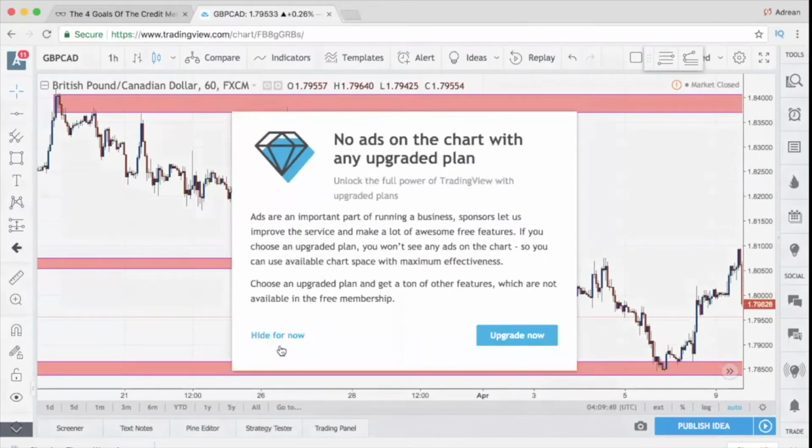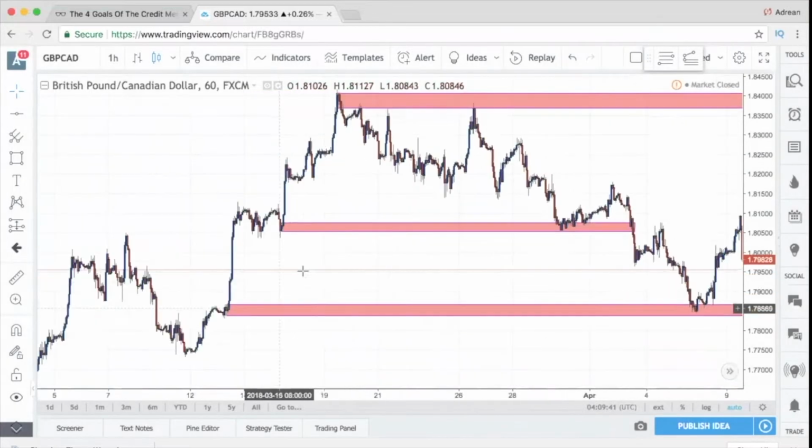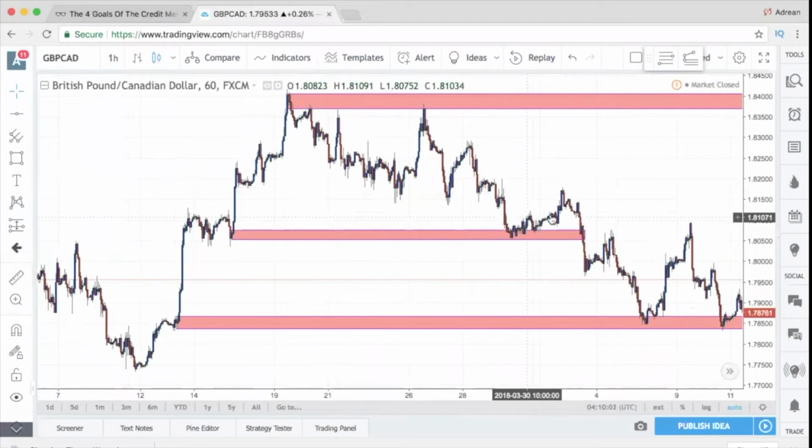A lot of times, what you'll find with these major supply and demand areas is that the market will struggle a lot to pass these areas. Either the market will have a hard time breaking it, and it will just bounce off of it and continue the opposite direction, or it will have to force itself through.